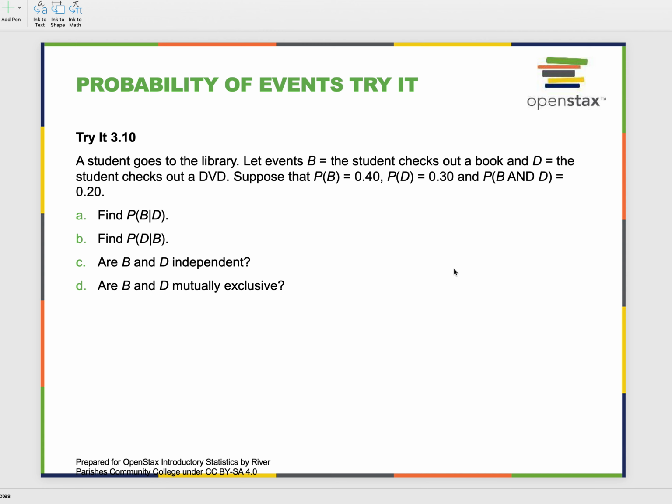B and D is 0.2. We know this. We're given this. This is a number you're given.